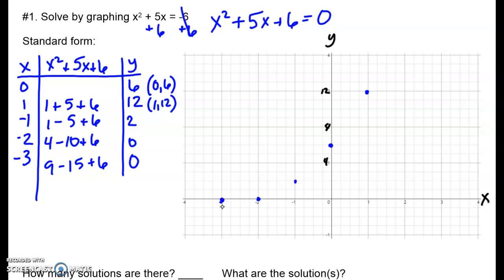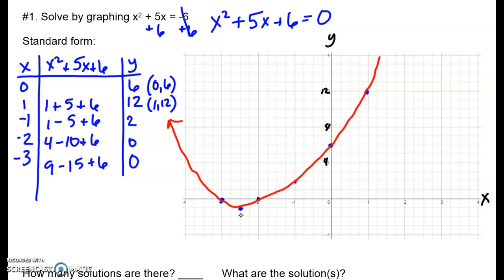So I can kind of imagine already how this is going to look. It's going to come down, draw a nice and even slow curve, and then here it starts curling back up. And my vertex, or the very bottom, must be in the very center of the 3 and the -2, so it's at like -2.5. I'm not quite sure how low it goes, but we can see that.